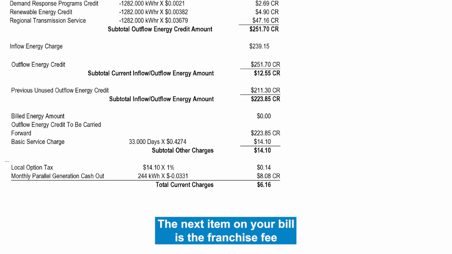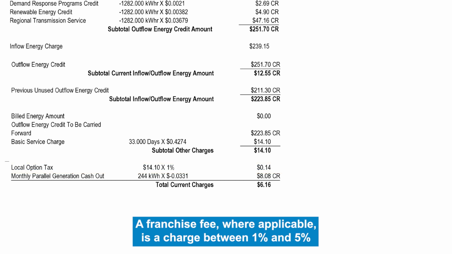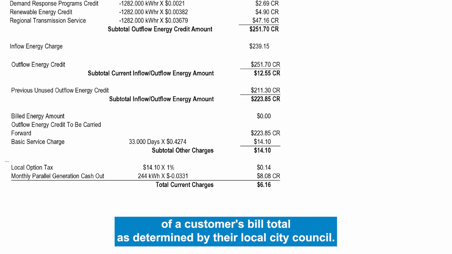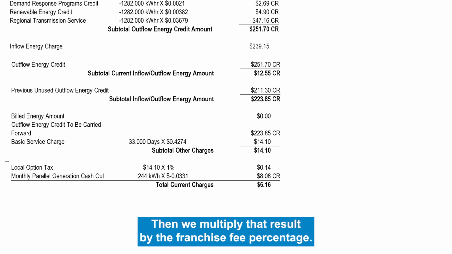The next item on your bill is the franchise fee or local option sales tax, if applicable. A franchise fee, where applicable, is a charge between 1% and 5% of a customer's bill total as determined by their local city council. To calculate this, we take the billed energy amount and add the basic service charge, then we multiply that result by the franchise fee percentage.